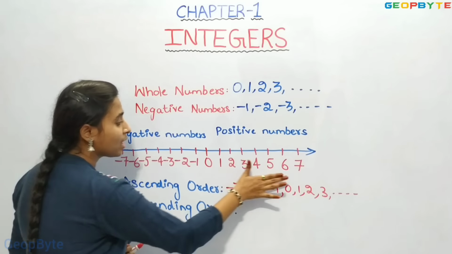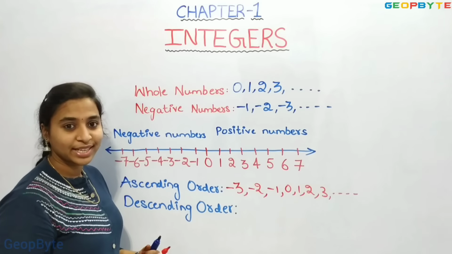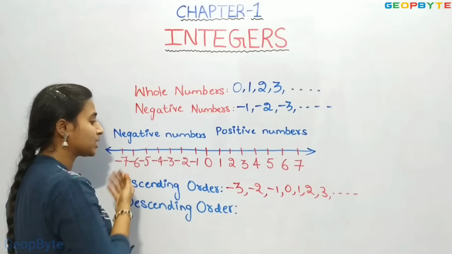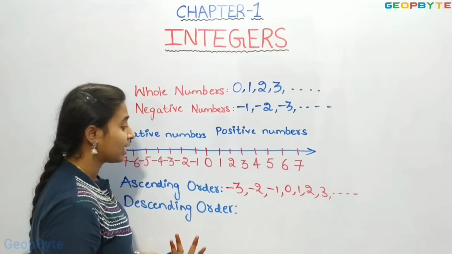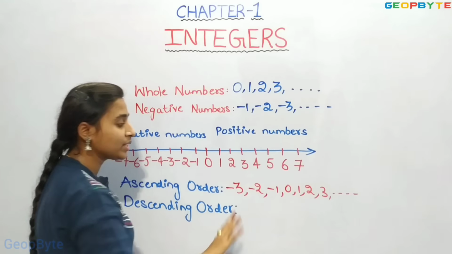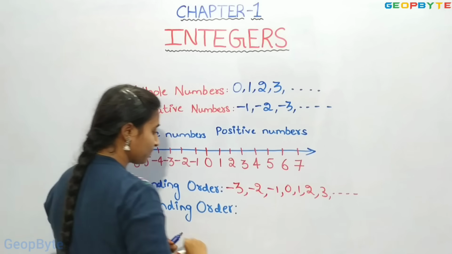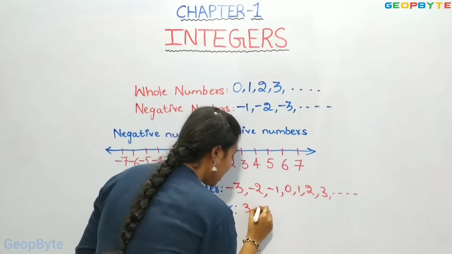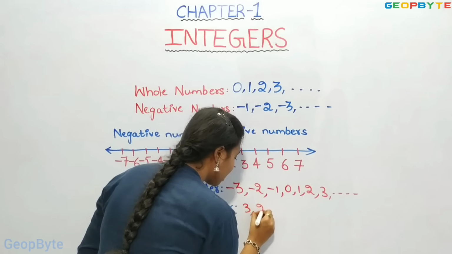Biggest number means the positive numbers are biggest numbers and the negative numbers are smallest numbers. Let us write this sequence in reverse. 3, 2, 1, 0, minus 1, minus 2, minus 3.